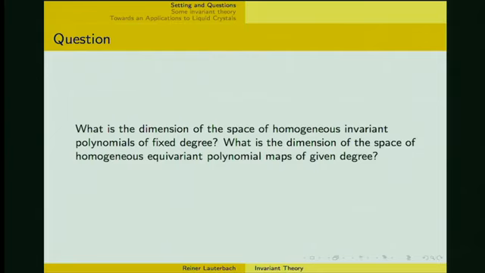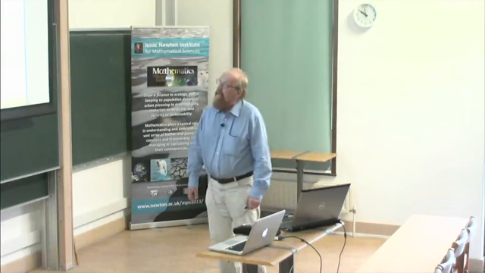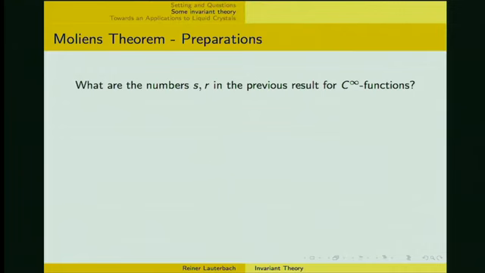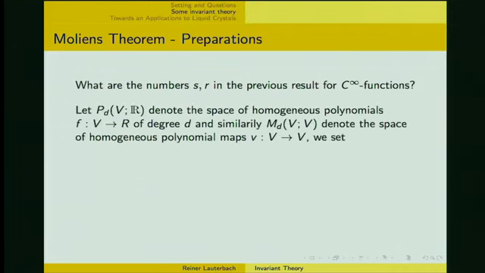So the question is, what is the dimension of the space of homogeneous invariant polynomials of fixed degree? This is what we call invariant theory, and what is the number S and R, and so on. For this we denote by P_d the space of invariant polynomials from my space V to R, which are homogeneous and of degree d. And in a similar way, I write M_d(V,V) the space of homogeneous polynomial maps from V to V, which are of degree d as well.